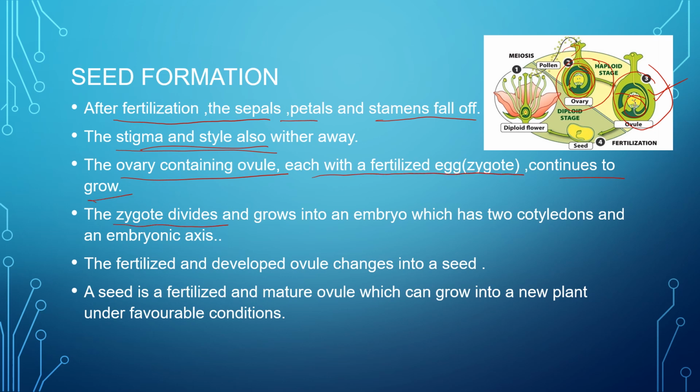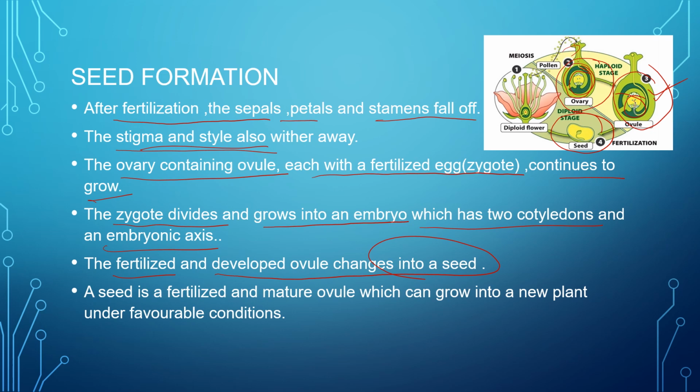The zygote then divides and grows into an embryo which has two cotyledons and an embryonic axis, and the fertilized and developed ovule changes into a seed.